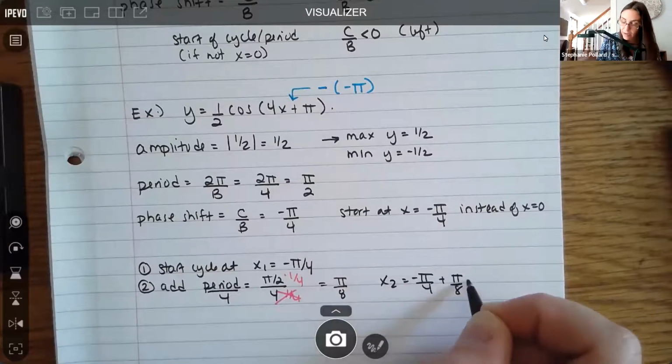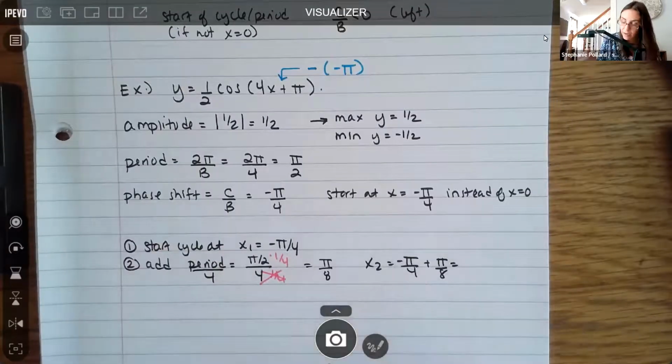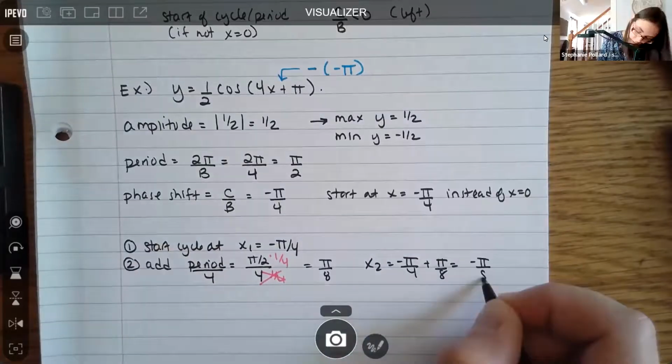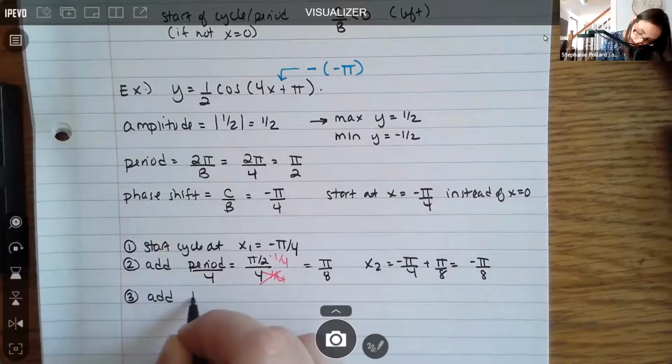Now you have to have common denominators here. So this would be negative 2/8 instead. So when I go ahead and add, I get negative pi over 8. Again, we're going to add pi over 8.